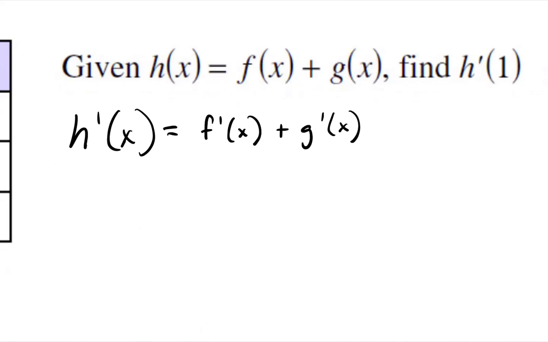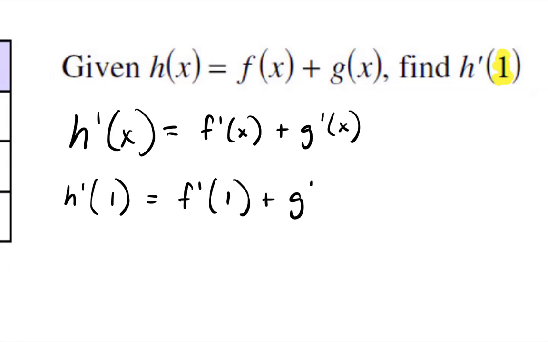Now what they want us to do is plug in a value, 1. So I'm going to use what I came up with, and instead of x, plug in a 1 everywhere I see an x. That's what that means, right?